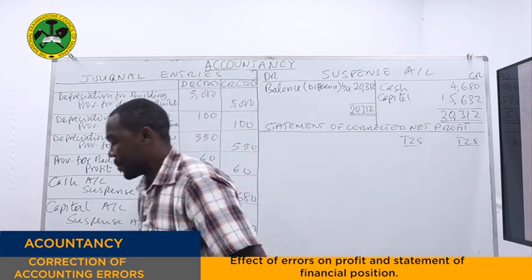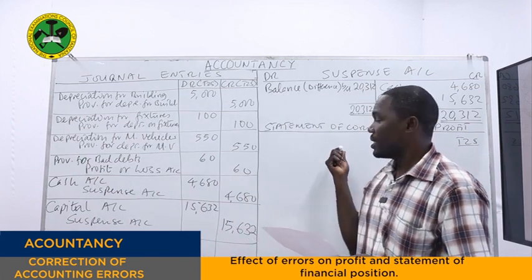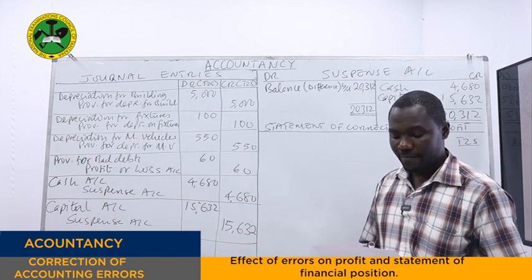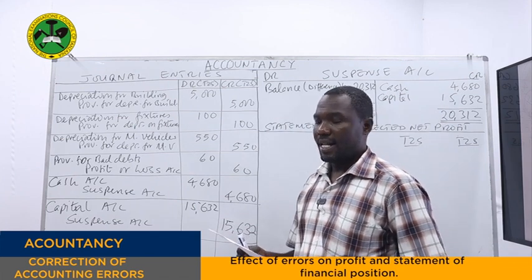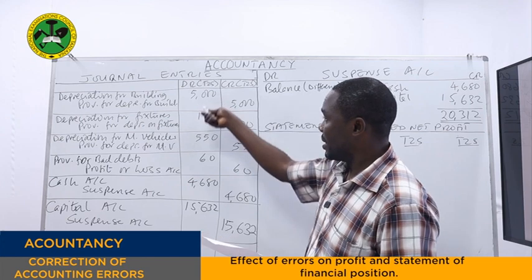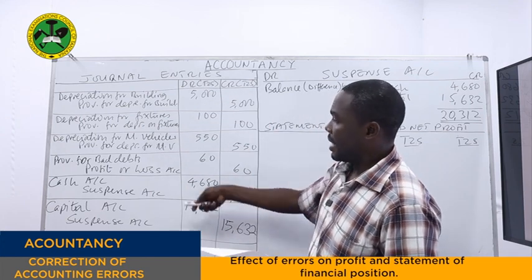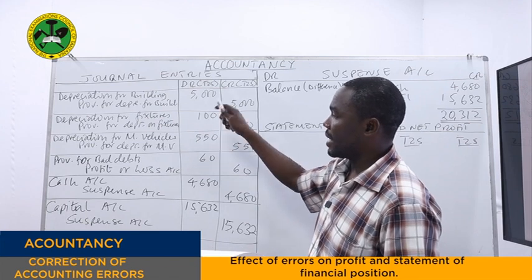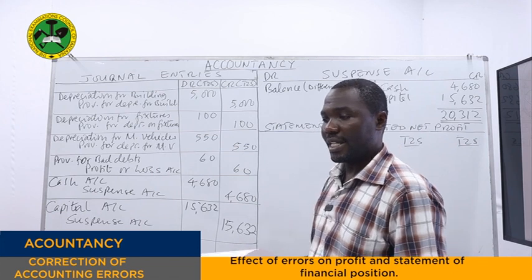So far, in preparing this statement of corrected net profit, we start with the profit shown in the books. Then we are going to adjust with the respective journal entries, because these contain correction of errors that caused the profit to be incorrect.